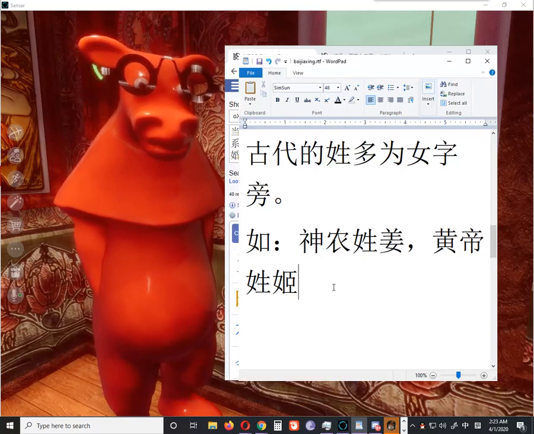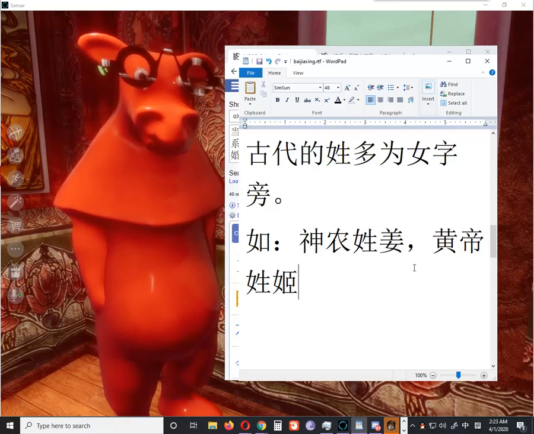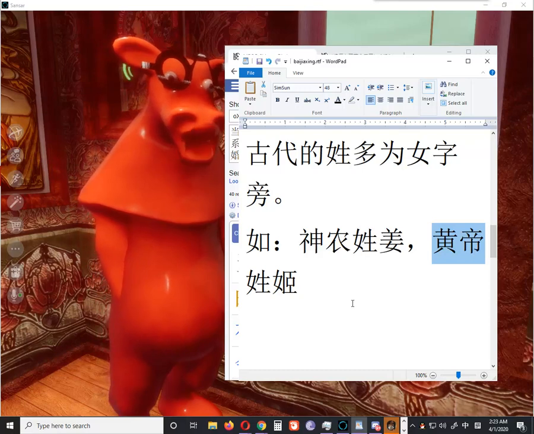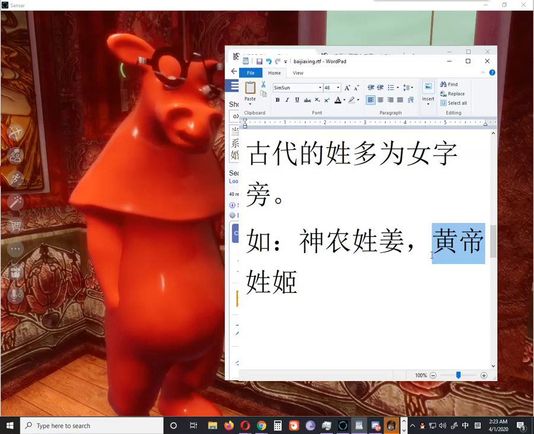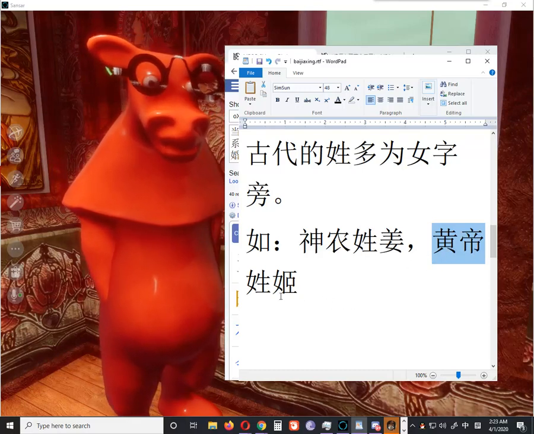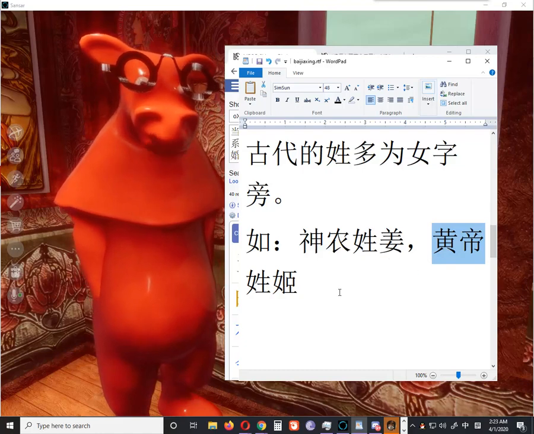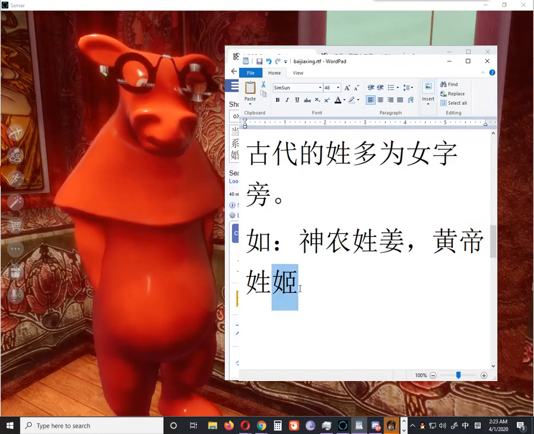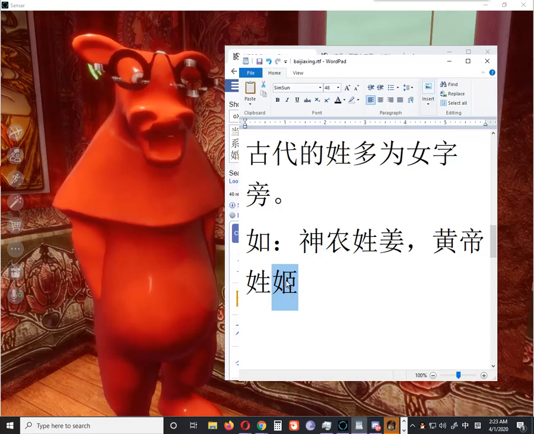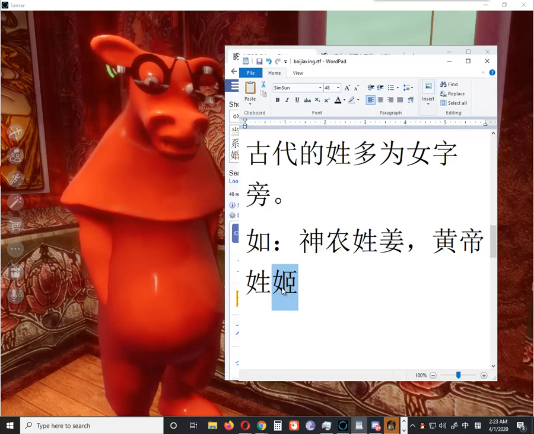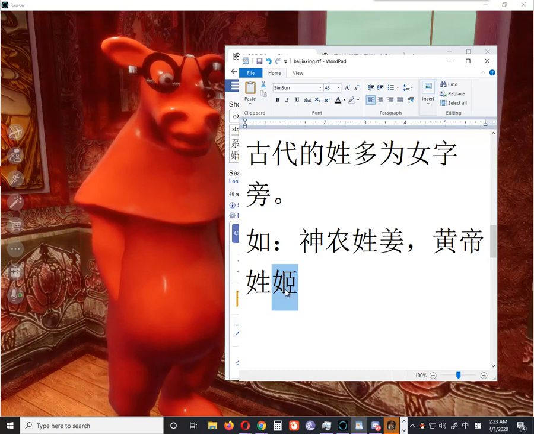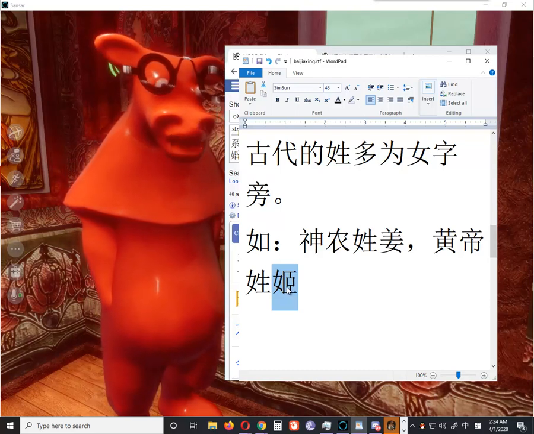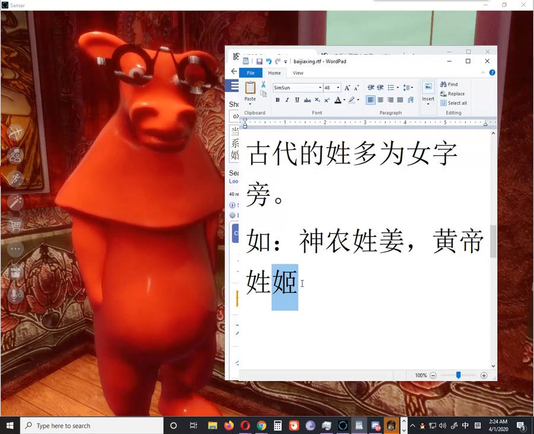And it's still a mystery to me, because I can read this. It says the family name of the Yellow Emperor is Ji, but I don't know the backstory about how this particular character, which we use to mean a concubine, got to be a family name.